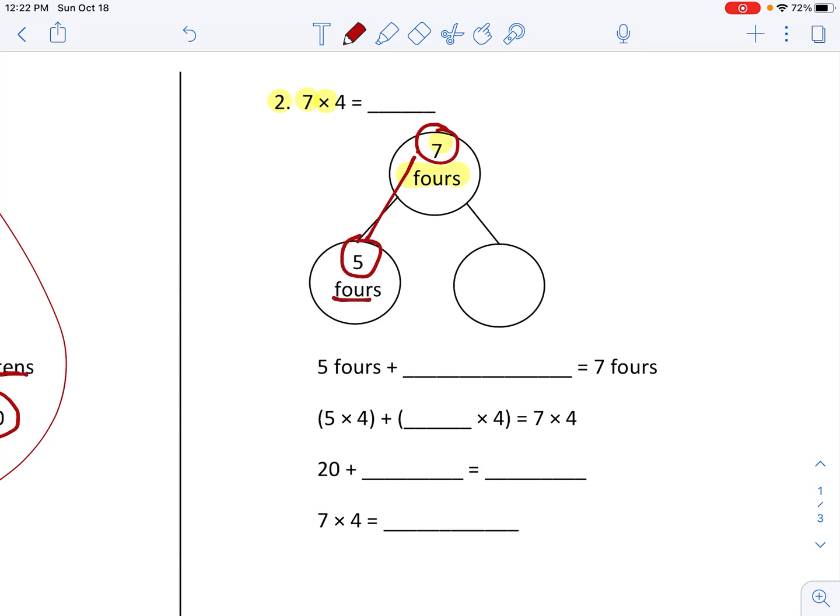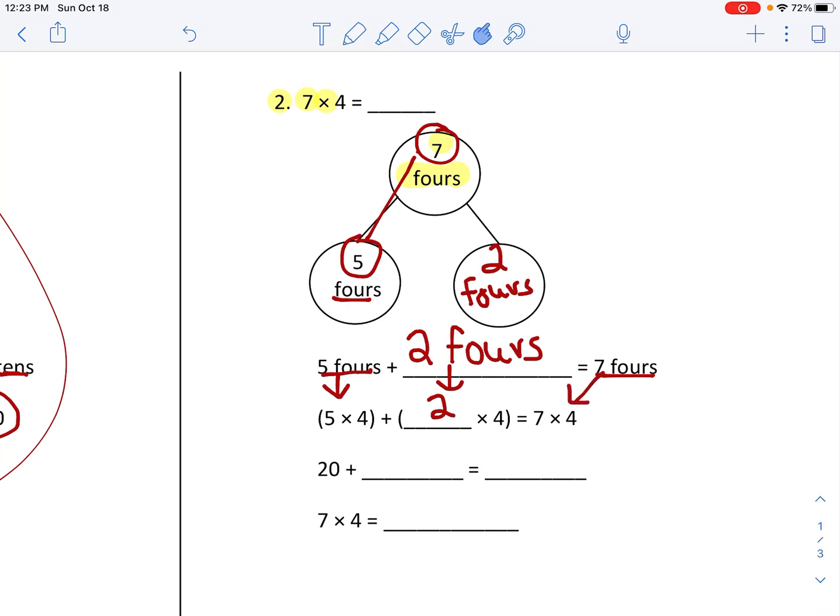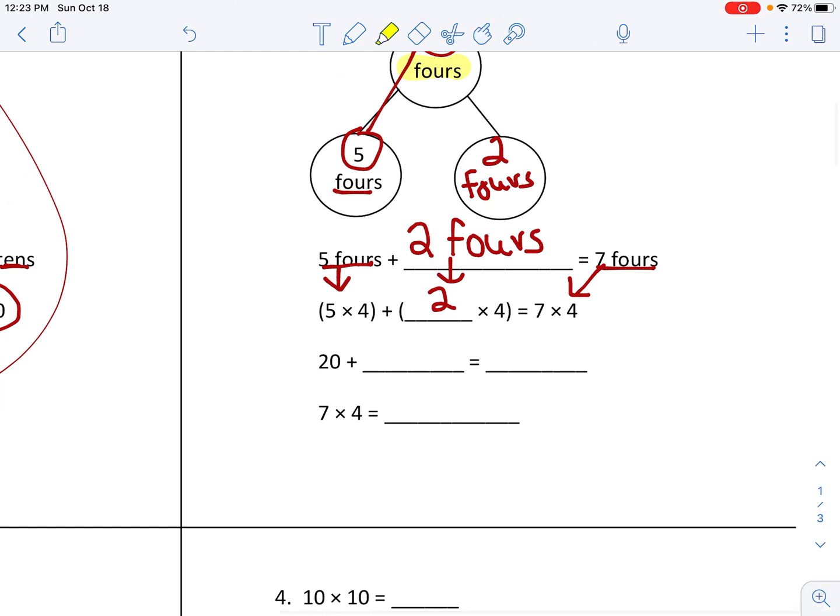So I have 5 fours. Now I need 7 fours all together. So 7 I split into a 5 and a 2. And remember, our label is just coming over. So 5 fours plus 2 fours equals 7 fours. Well, in math, 5 fours is 5 times 4, and 2 fours is 2 times 4, and 7 fours is 7 times 4.